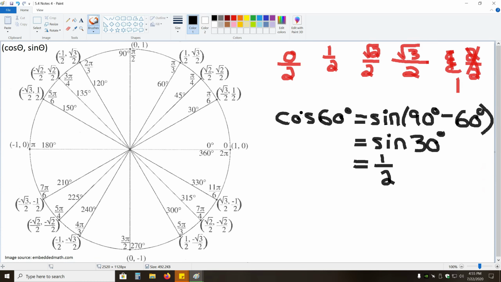Notice we didn't even have to memorize the cosine value. All we needed to know was the sine value of that angle. So, however you find best to memorize it, these were just a few hints that might help some of you along with this.